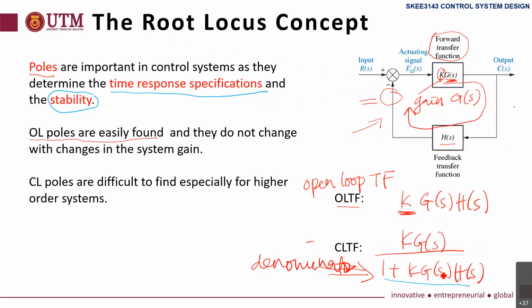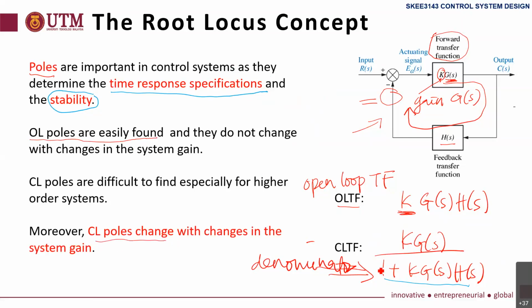If second order, then it is easy, but for third order, fourth order, 10th order, it is difficult. We need to do some calculation. Of course, MATLAB can do it for us, but doing it manually is very important for higher order systems. But another more important thing is that the closed loop poles change with the system gain.